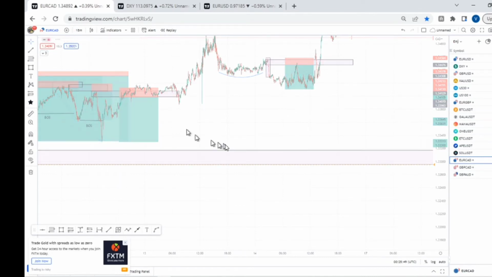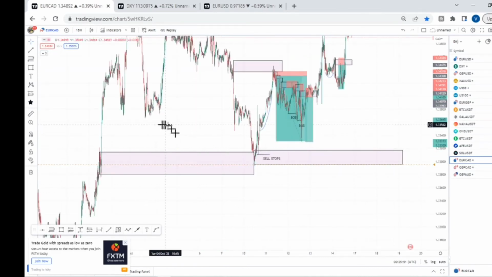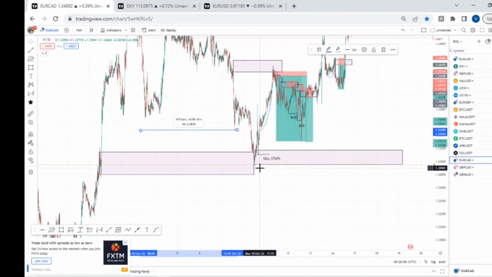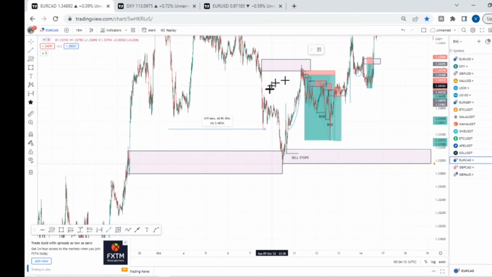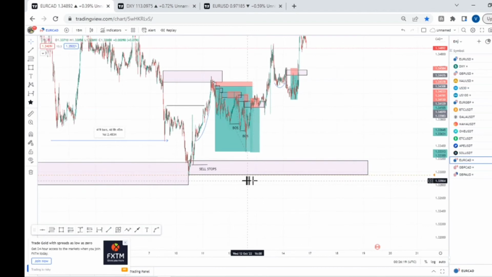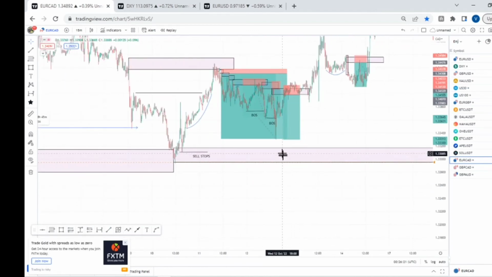It's one of my trading models: price clears off liquidity here, took off the liquidity here, then it broke structure, took off the liquidity, mitigated another block here, broke structure here, sorry, at this point, broke structure here, which confirms this other block here, this particular one.